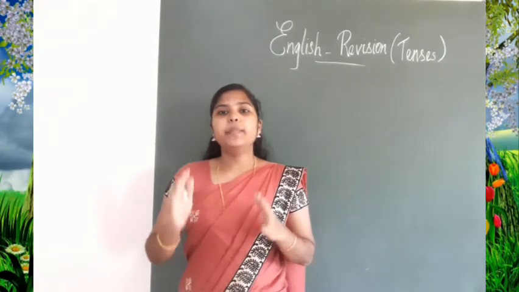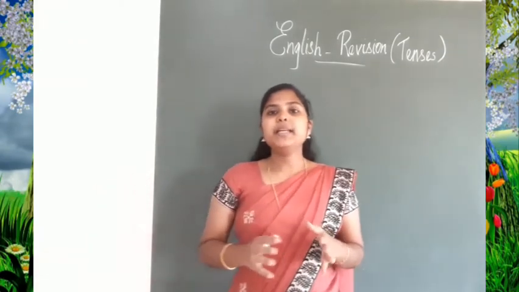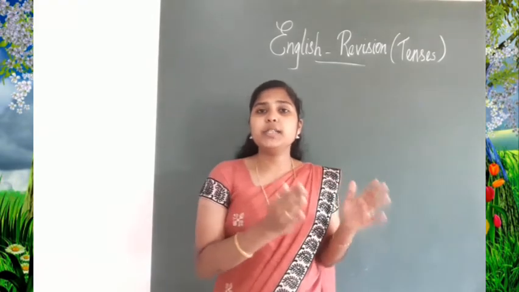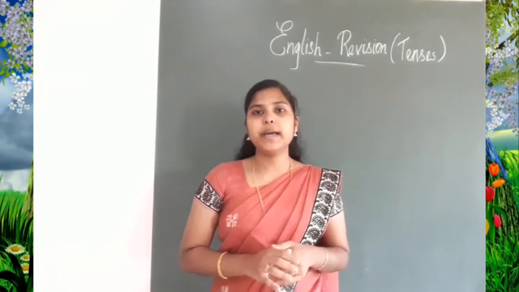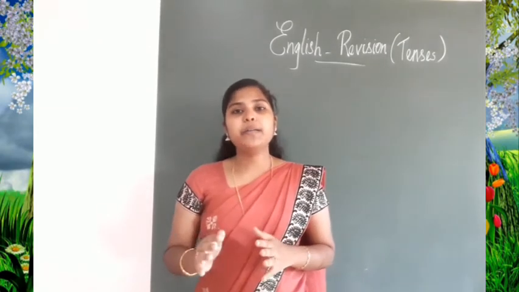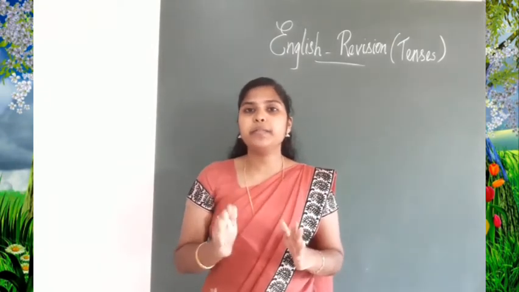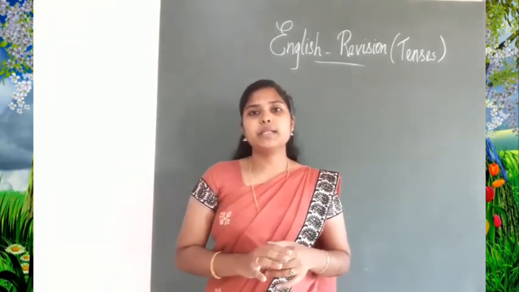Now let's see perfect tense. Present perfect tense is indicating an action that has just completed, a completed action in the past. Okay. So, present perfect. Perfect itself is indicating a completed action. Perfect means completed action. Okay.